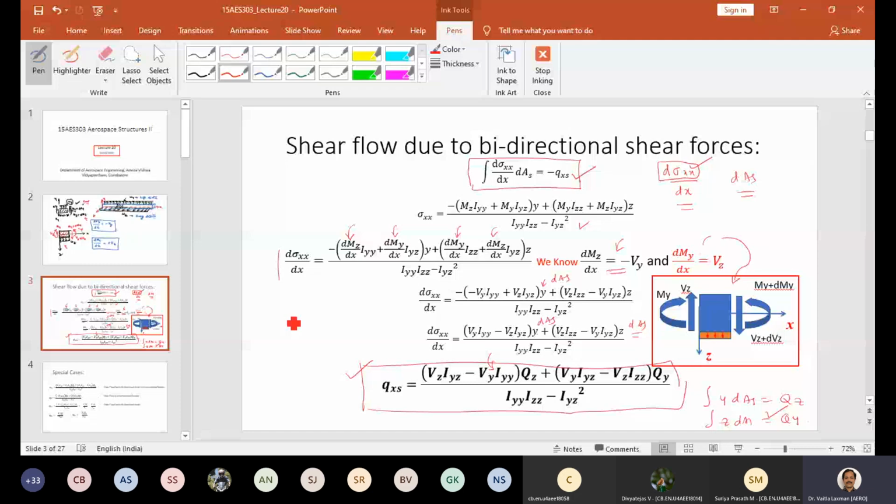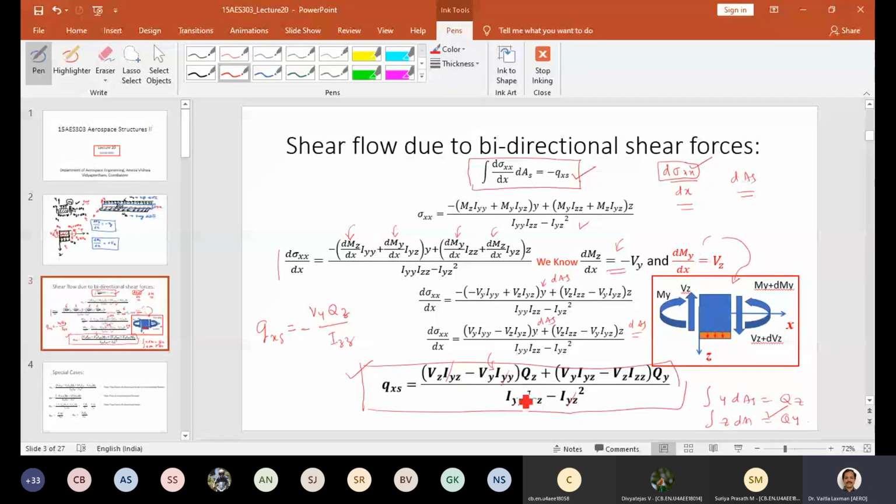But what we know, Qxs for unidirectional shear force, we know the formula. What is that? Vy into Qz by Izz. So that means Iyz goes to 0 and minus n, obviously. If Iyz goes to 0, this and this go to 0.